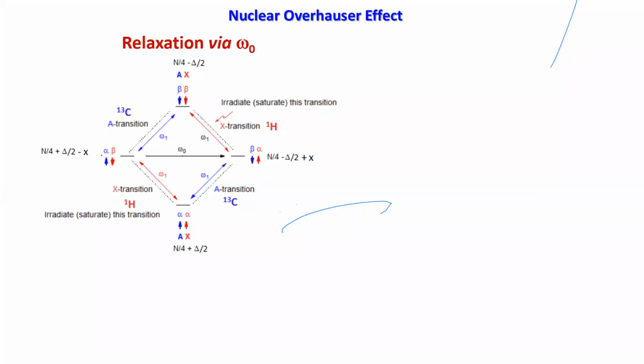Now if you look here, for the 13C, alpha is coming to beta, and for the proton nuclei, beta is coming to alpha. Both the nuclei are changing. Are you getting it? We call this change omega 0, zero quantum transition, because the change is happening in opposite directions.